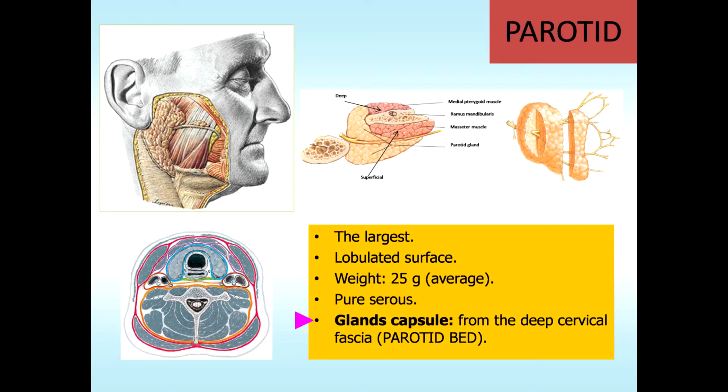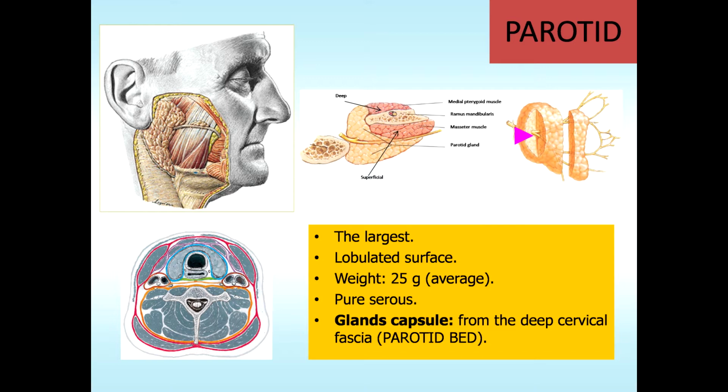The parotid gland is covered by the parotid sheath, which derives from the deep cervical fascia. It is located by the sides of the face in a region called the parotid zone, which presents an irregular shape, which depends on the mandibular movements.